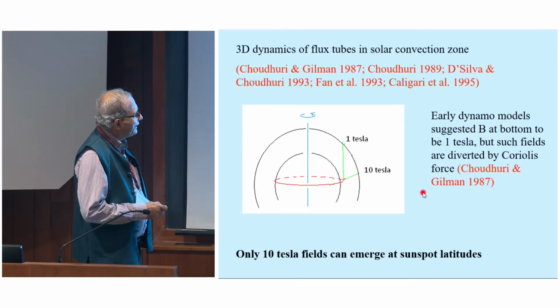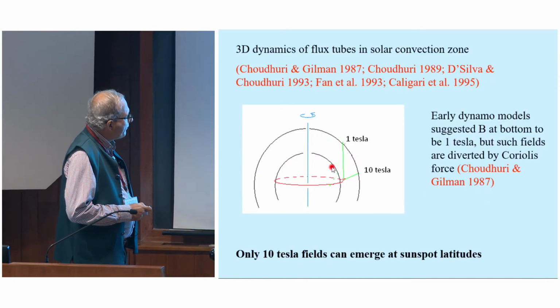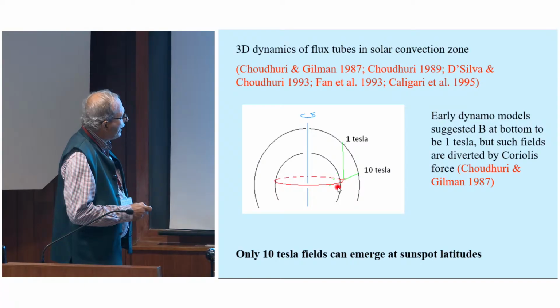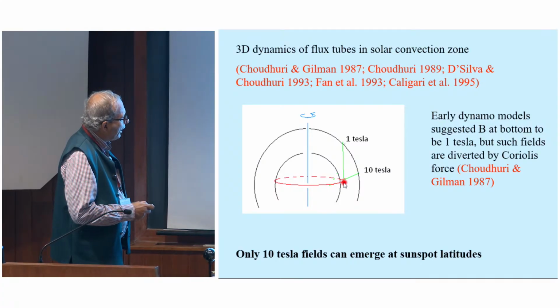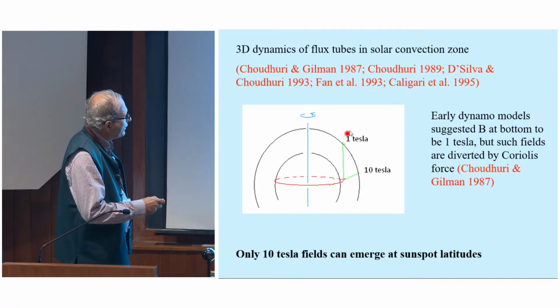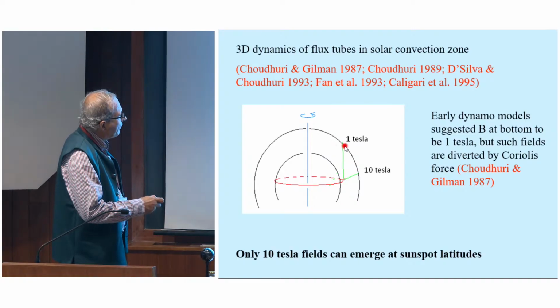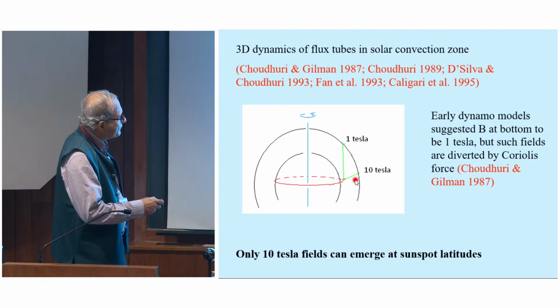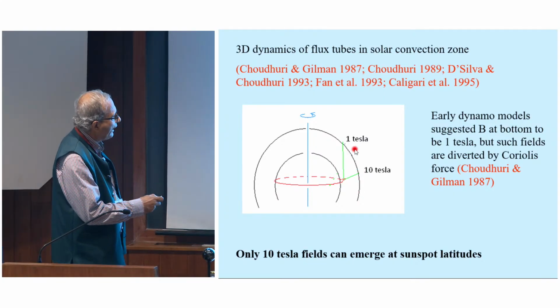So we first did our calculations with 1 Tesla magnetic field, but then we found that the effect of Coriolis force was so strong that this rising part of the flux tube moved parallel to the rotation axis and emerged at rather high latitudes, whereas sunspots are at lower latitudes.